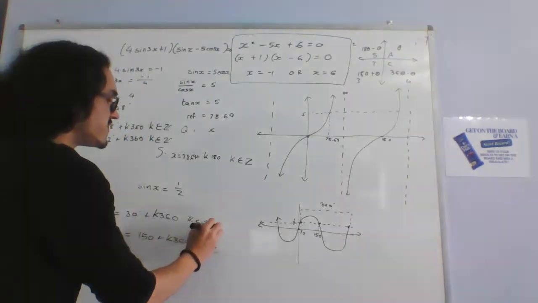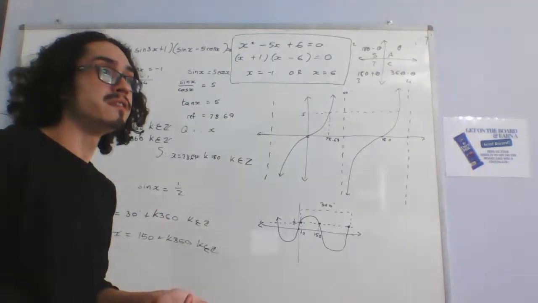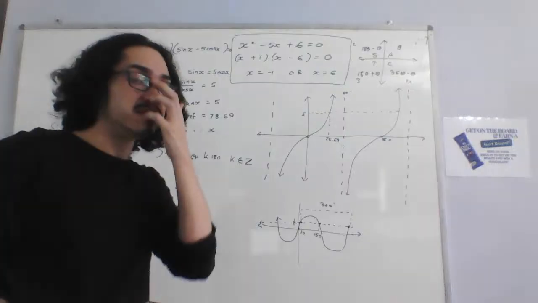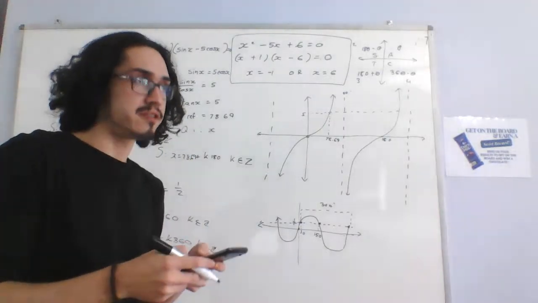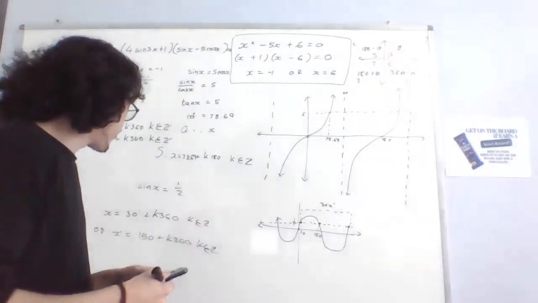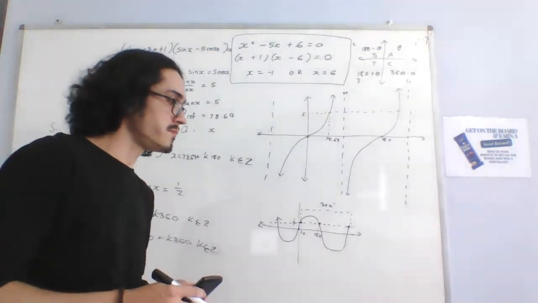Now, did I not do the steps? I did, but I did them all mentally because mark allocation wise, I'm not getting anything for all of this. So you guys, do with that what you will. Show steps if you need to, but if you're pretty sharp with these, you can go straight to that.